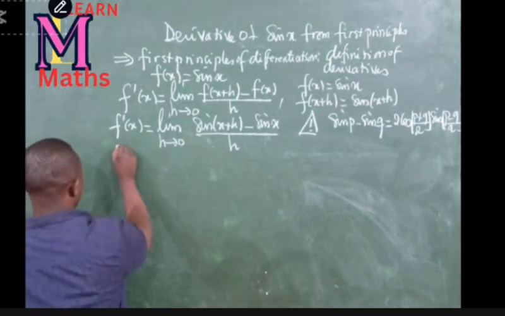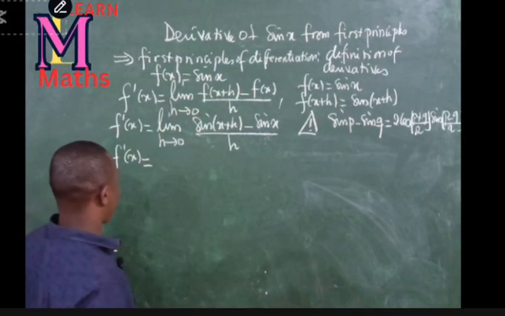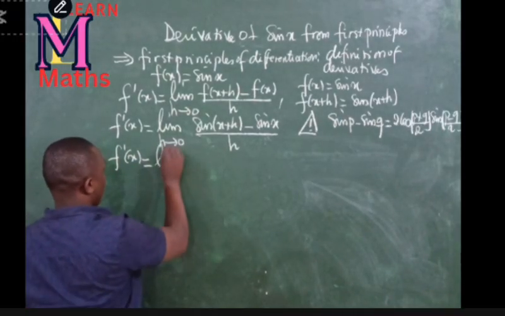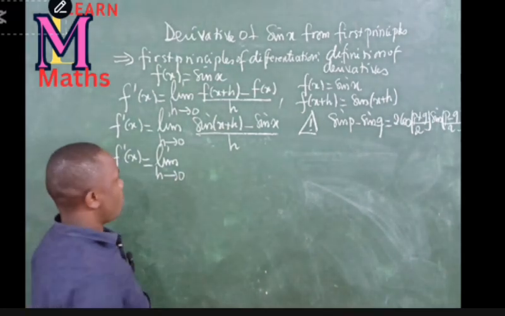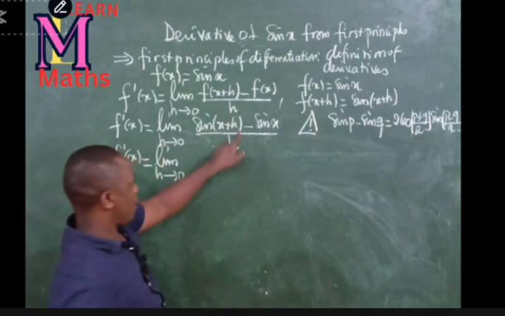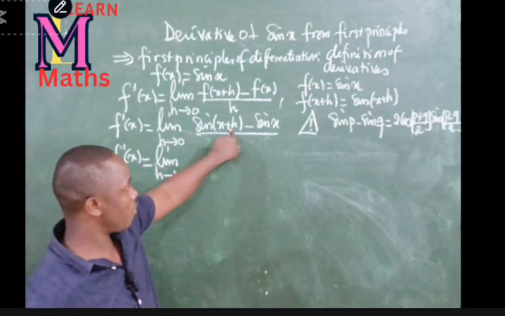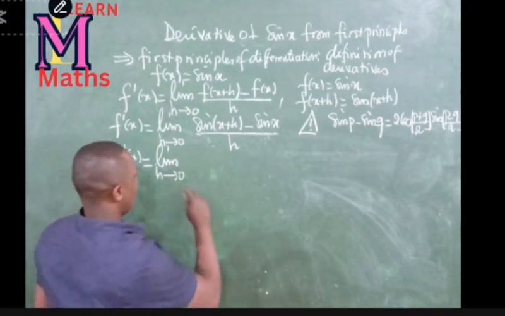So for the derivative of the function f of x, which is the limit as h approaches 0, we are going to replace all of this by this, where x plus h will be standing for p and x stands for q.